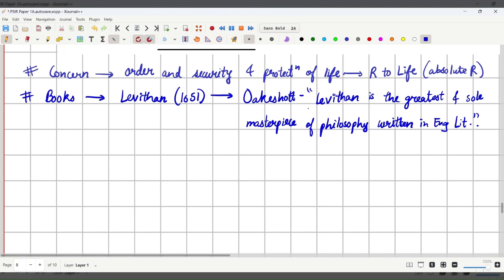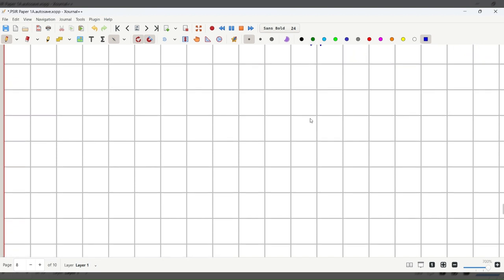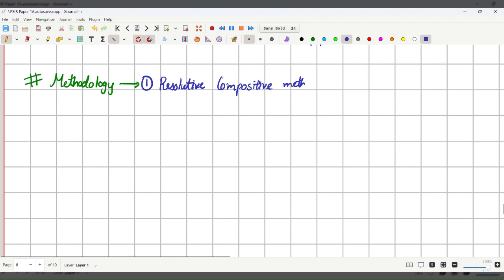Then we are going to learn about his methodology. So what methodology he used. So the first one is the resolutive compositive methodology.